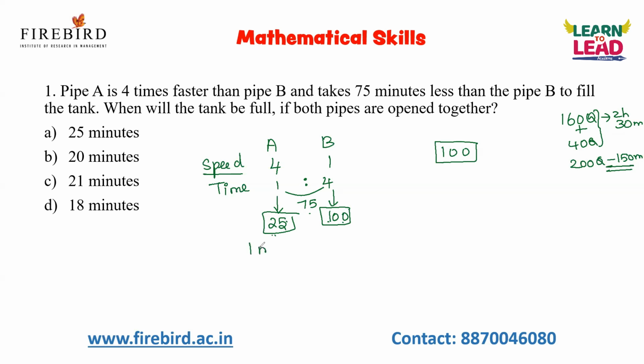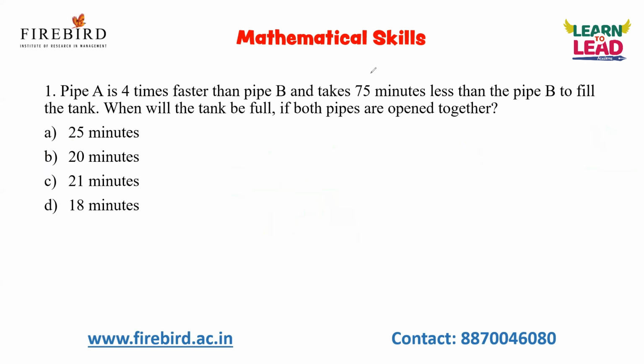Then in 1 minute, it will complete 100 by 25, that is 4 parts of the work. And in case of pipe B, only 1 part of the work will be completed. If pipe A and pipe B work together, in 1 minute they complete 5 parts of the work. In total, there are 100 parts of the work. So 100 by 5, they will take 20 minutes to complete the work. If you know the basics, you can solve it very easily.